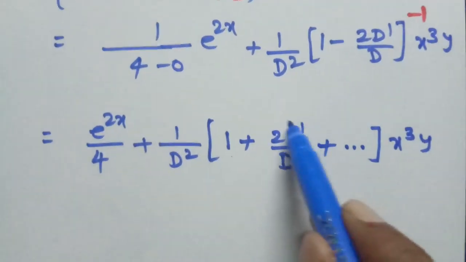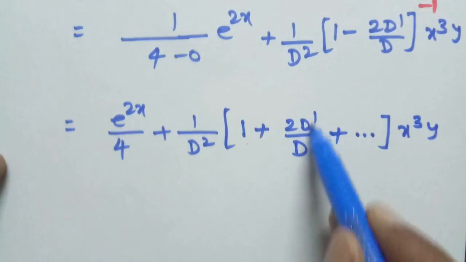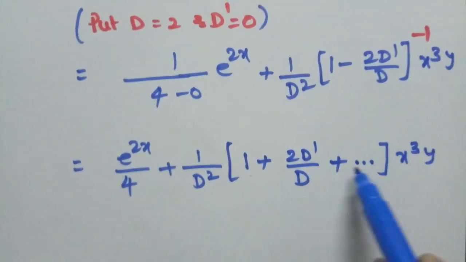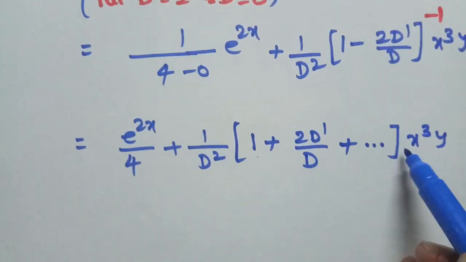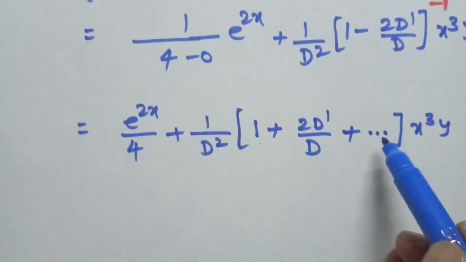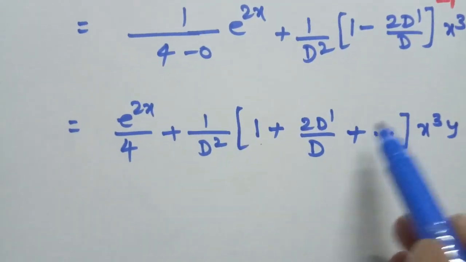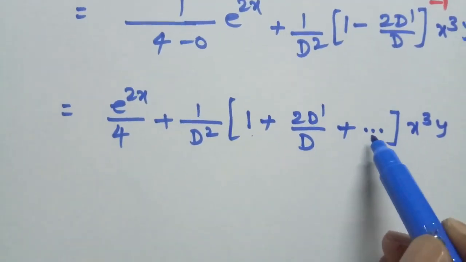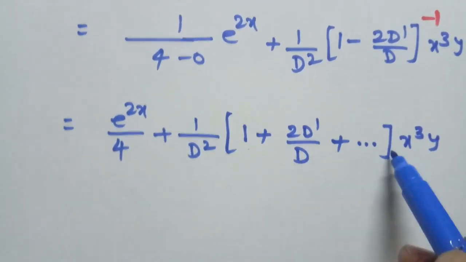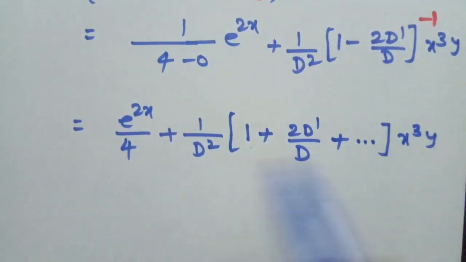We are writing 2D dash by D, and so on. So no need to write 2D dash by D whole square, since those terms become 0.